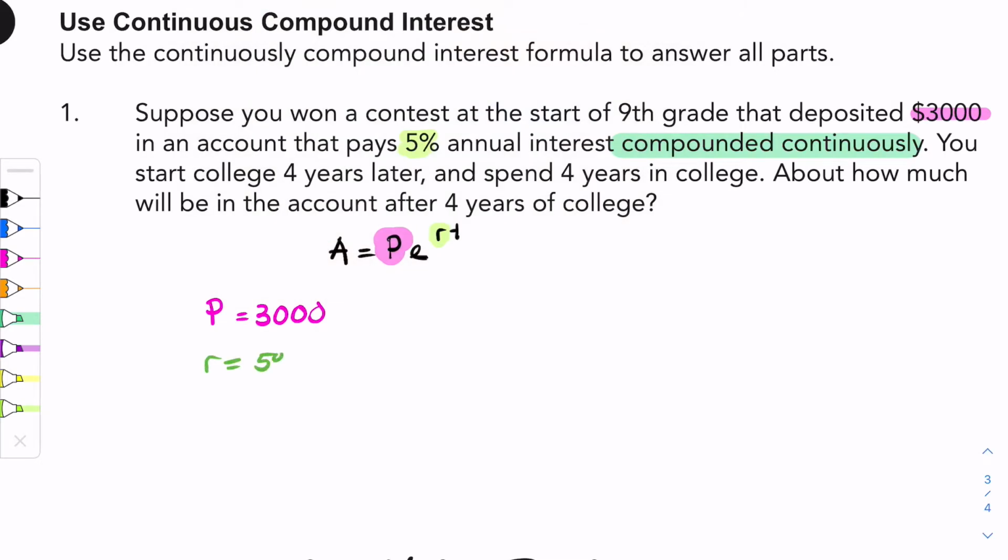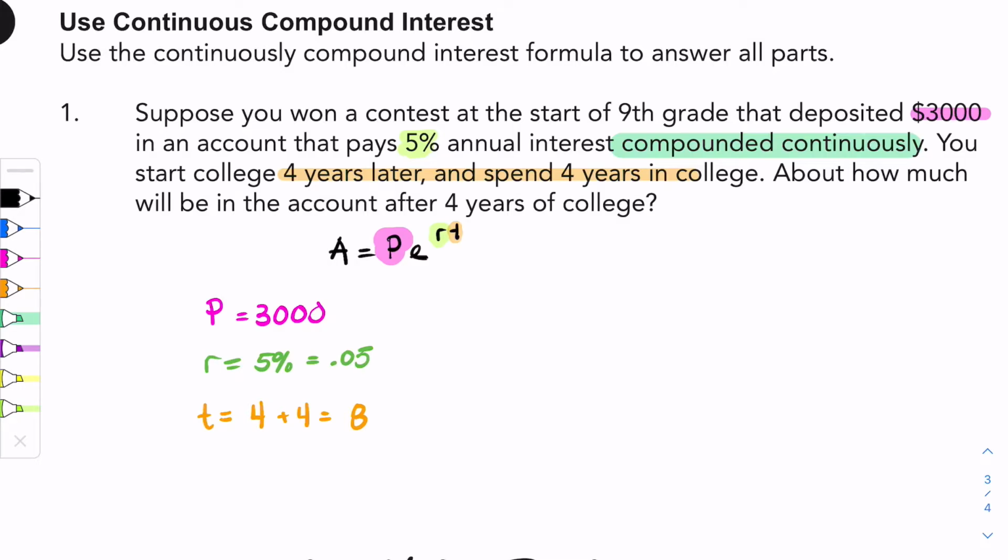That would be as a decimal 0.05. And lastly, we're looking at time. This says we want to know after 4 years of college how much will be in the account. Well, we earned it at the start of ninth grade. 4 years later, and then 4 years in college. That makes a total of 8. Ninth grade till you graduate is 4 years, 4 more years in college, that's 8.